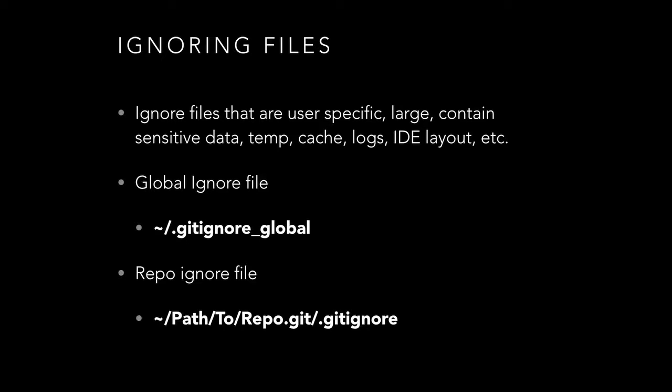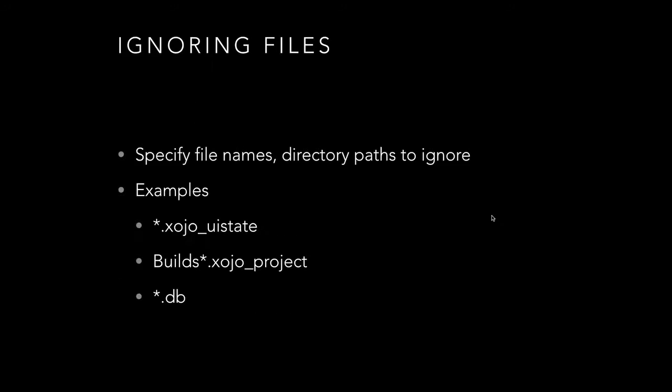All right. So we left off on ignoring files, the path to those files, of course, so that hopefully satisfies some of the console people out there. But again, SOURCETREE is fantastic at managing those for you. In ignoring files, the standard things that you can do, some examples are using wildcards to ignore the Xojo UI state, because I don't want somebody else's Xojo UI state if they have a 50-inch display and I've got a small 23-inch display.